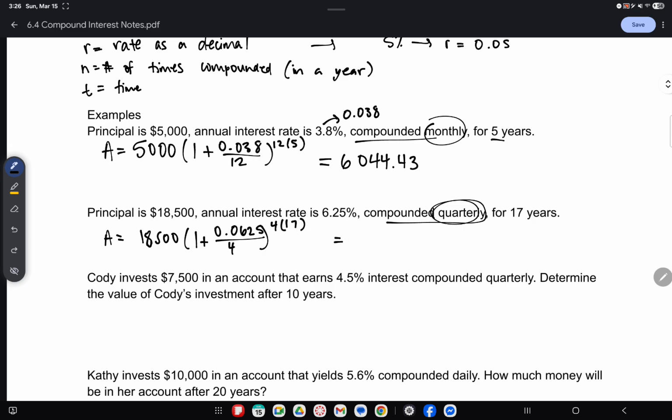Let's see what that final amount is. I'm going to do the 4 times 17 first so that I know what to use. So 0.0625 divided by 4 plus 1 raised to the 68 times 18,500. So I get a final amount of 53,093 and 55 cents.